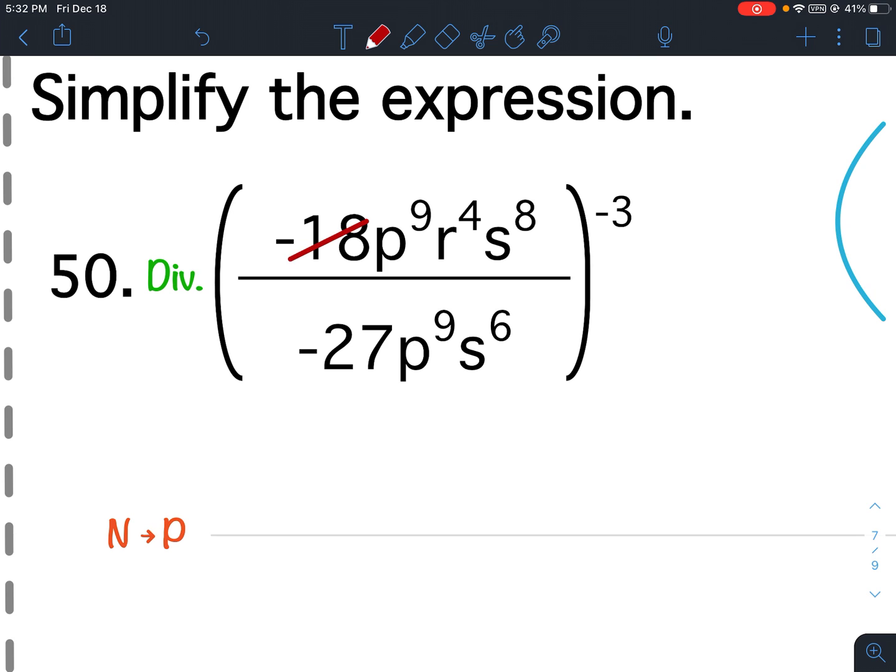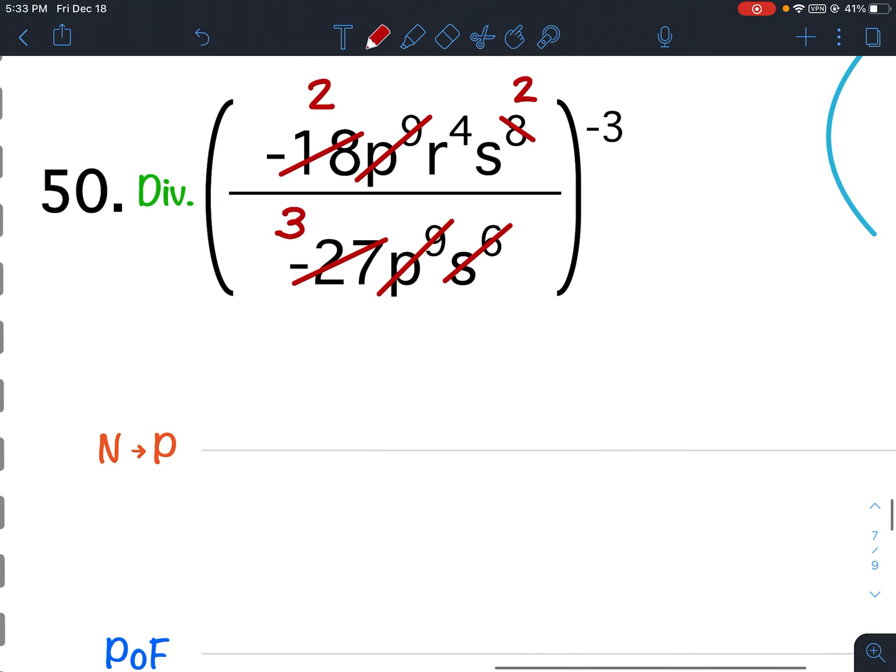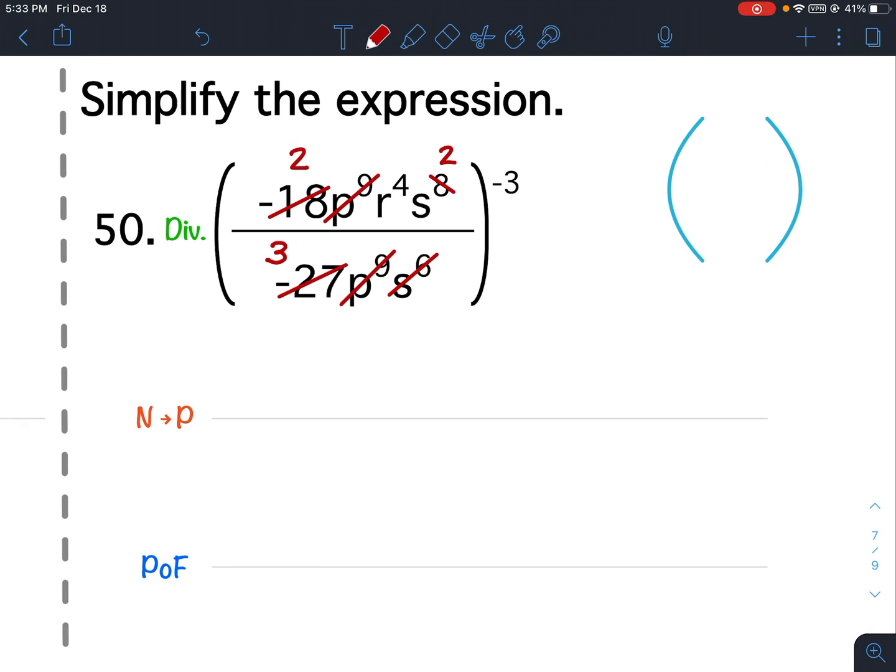So cross out the negative 18, that'll become a 2. Cross out the negative 27, that is 3. P to the ninth and p to the ninth have the same exact exponent, so they will completely cross out. S to the sixth is the smaller exponent, so it gets completely crossed out, and 8 minus 6 is 2. After you divide, you should always rewrite. Always rewrite.